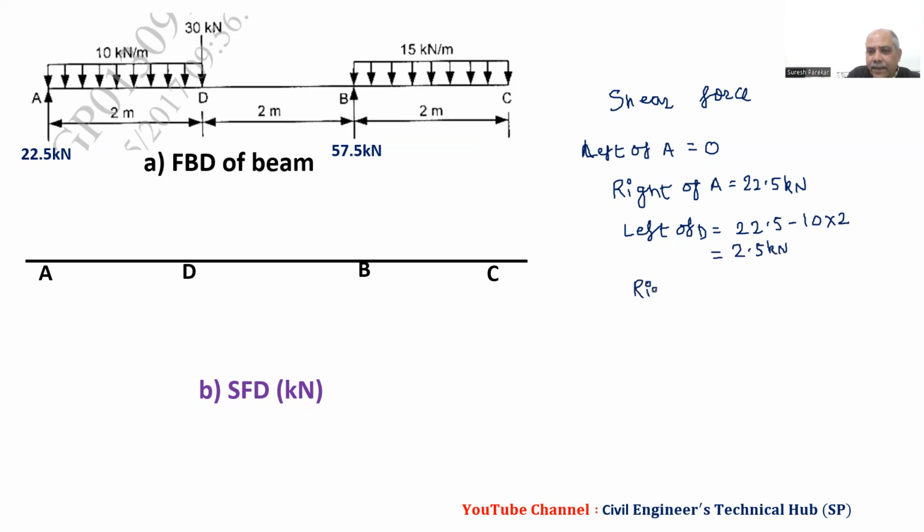Right of D, we have 2.5 minus 30, so it is minus 27.5.